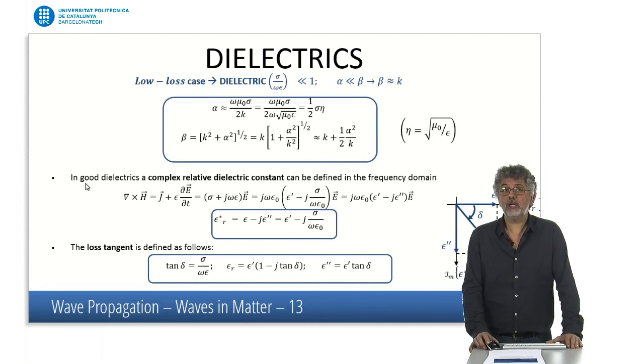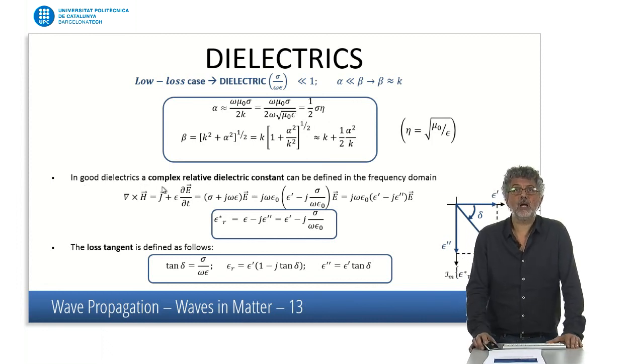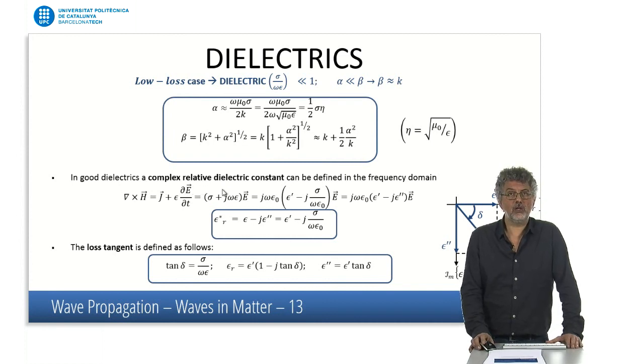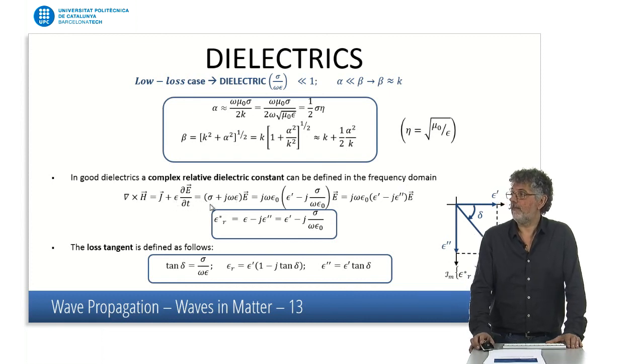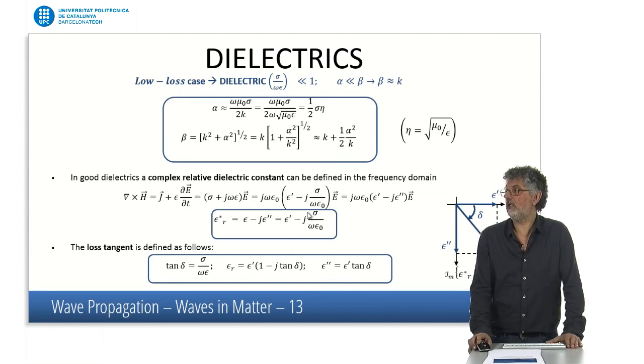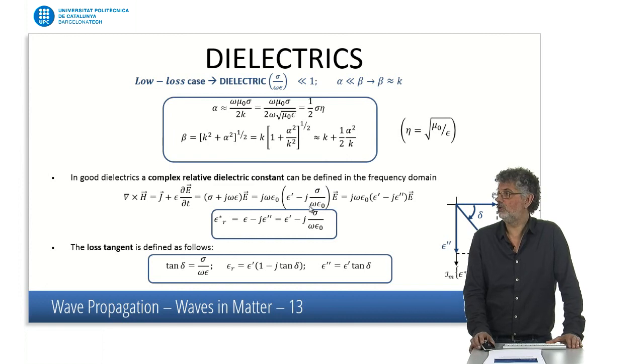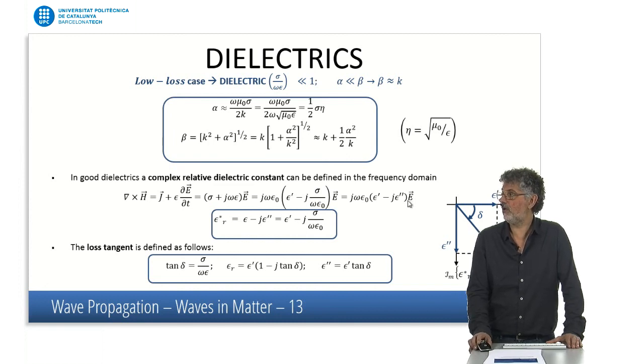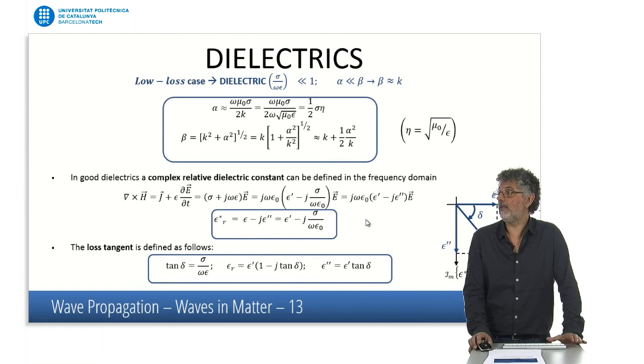Now, in good dielectrics, we can define a complex relative dielectric constant. This can be done if we consider a harmonic excitation, and then we take Maxwell equations in the frequency domain. Doing the right substitutions, we can see that we can define a sort of complex dielectric constant in which we have the conductivity appearing in the imaginary part of the dielectric constant. So we can use this concept of having a complex dielectric constant in a dielectric.